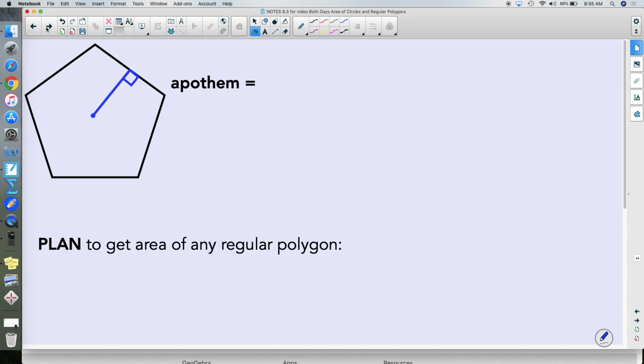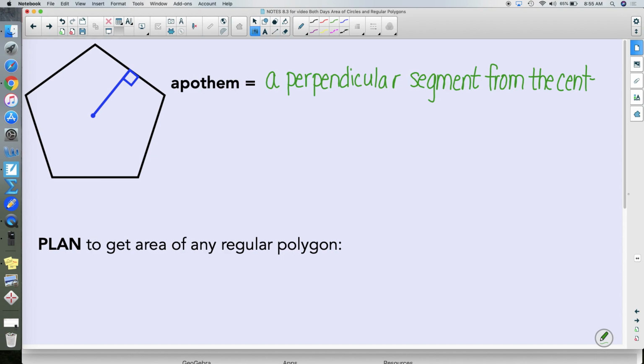So some vocabulary. An apothem, sometimes pronounced apothem, is that perpendicular segment that we see. So by definition, it's a perpendicular segment, and its endpoints are the center of a regular polygon and one of its sides.